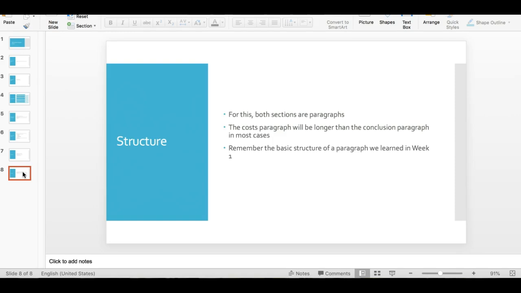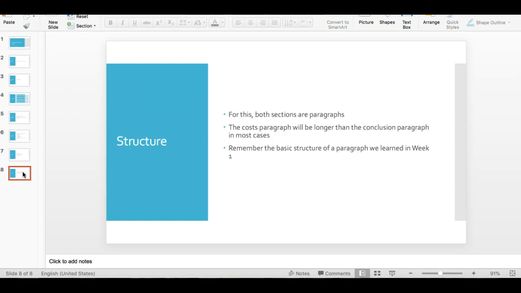Again, these are paragraphs, so there are not multiple paragraphs in this section. The section only has 1 paragraph. So you're looking at two paragraphs, one for the cost and one for the conclusion. I anticipate that your cost paragraph will be longer than the conclusion paragraph in most cases, depending on what you are proposing as a solution, right?